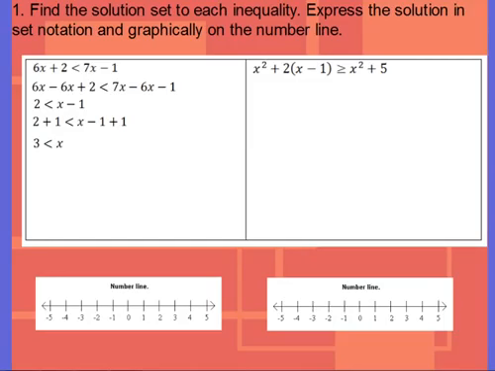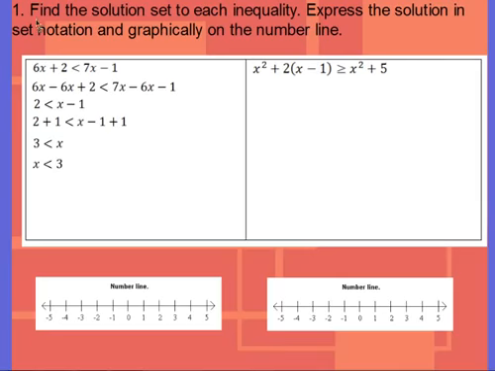Now we don't want that x in the back, we want the x in the front. So we have to take the x and flip it around with the 3. The x will come in front of the 3, and because the x comes in front of the 3, the inequality symbol also flips at the same time. So I want to express this in set notation.